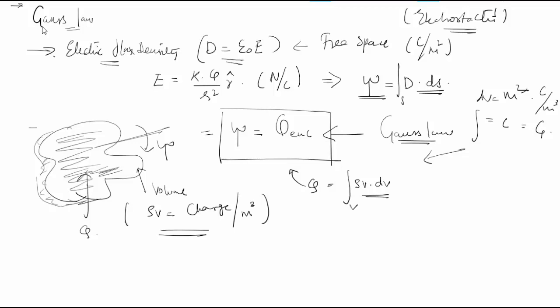So putting that here, the flux is equal to the integration of D dot ds, which is equal to q by Gauss's law. So this is the first equation, this is the second, and this is the third equation, and based on these three equations it is possible to say the following.